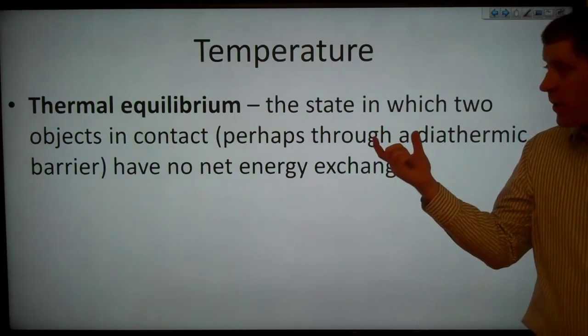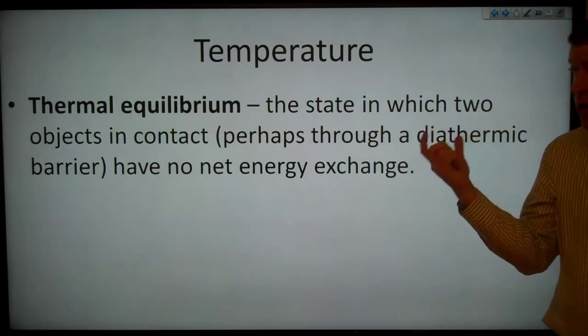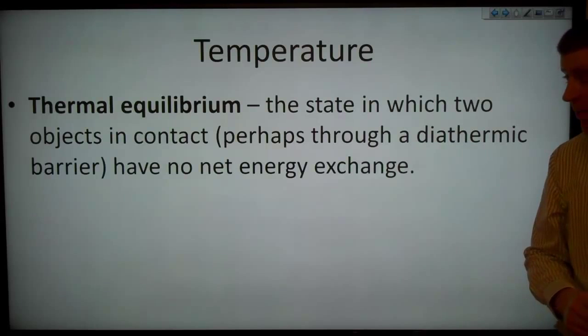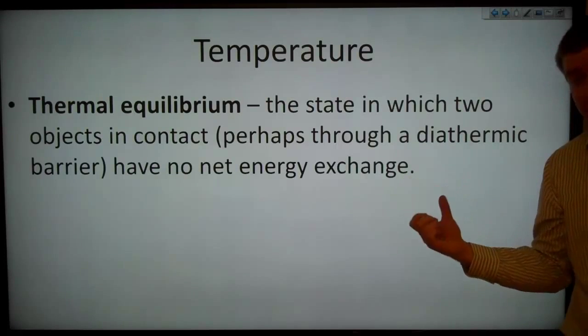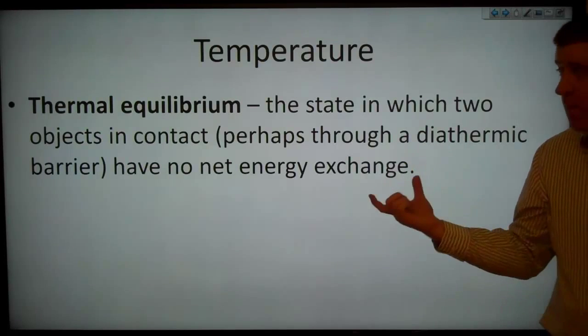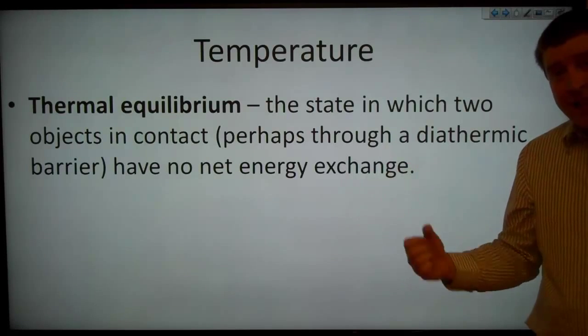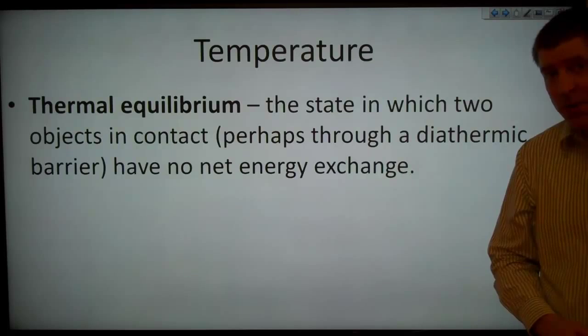So thermal equilibrium is the state in which two objects in contact, perhaps through a diathermic barrier, have no net energy exchange. That is, if two objects are at thermal equilibrium, then we can say they're at the same temperature.